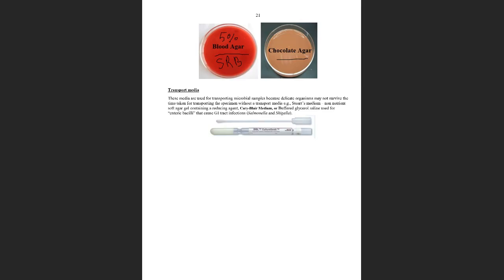Then this last media I wanted you to know is called transportation media. I'm sure pretty much everybody is familiar with this. If you ever go to see a doctor, you're sick, you have strep throat, or if you go get your pap smear done, they use this type of media. This first part is the lid cover of the tube with the swab.